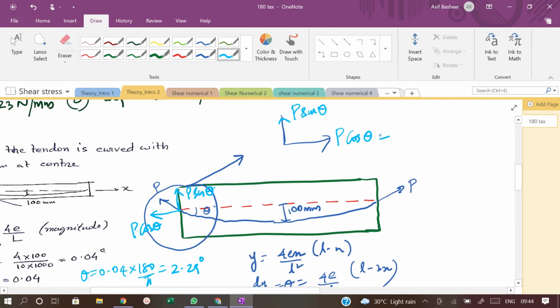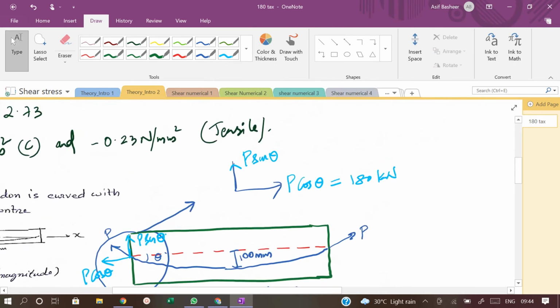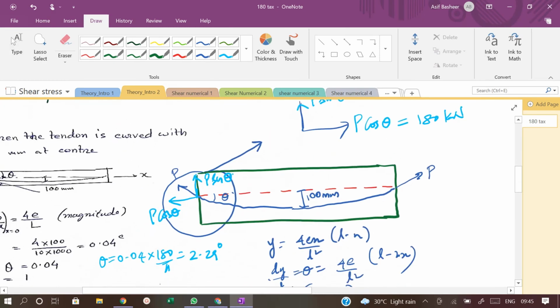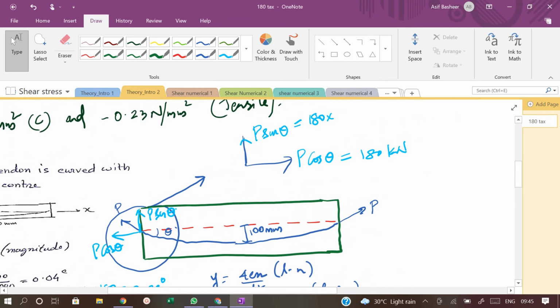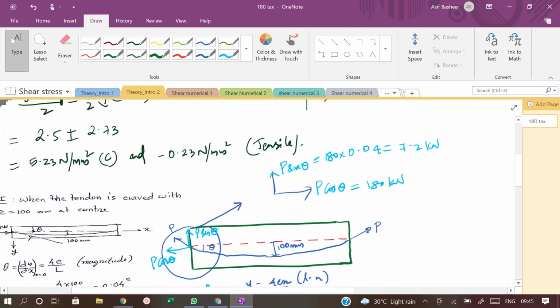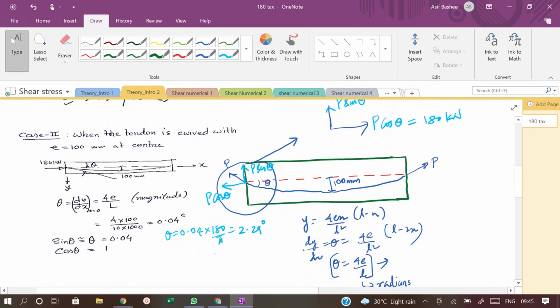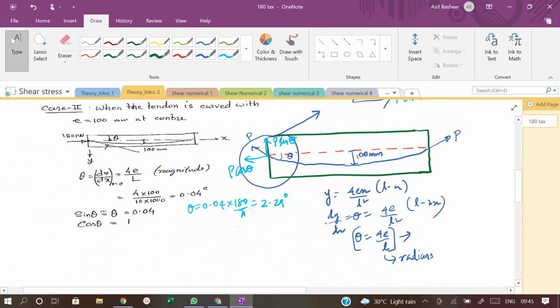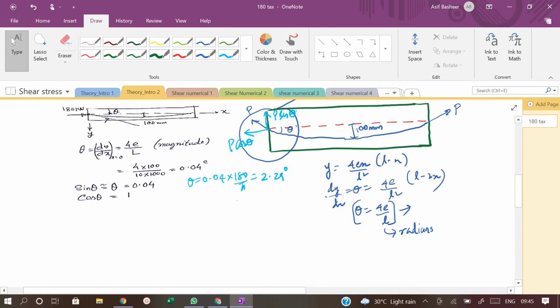P cos 2.29 degree you'll nearly get as 180 kilonewton itself, and P sin theta you'll get as 180 into 0.04, or you can take sin 2.29, that's up to you. I'll take it as 0.04. You will get this value as 7.2 kilonewton. That is the vertical component of the pre-stressing force that is also acting now. Now you can represent this here.